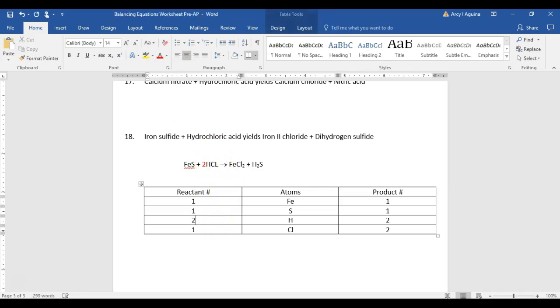It's going to turn this to a 2, and then this to a 2. And I'm going to change colors because those changed from the original. And now we're balanced out. So it's 1, 1, 1, 1, 2, 2, 2, 2. So all I had to do was add this 1 coefficient here, and it balanced out the entire equation.